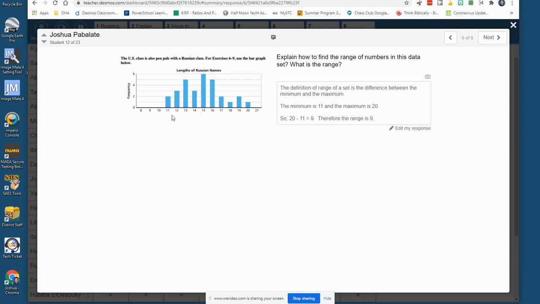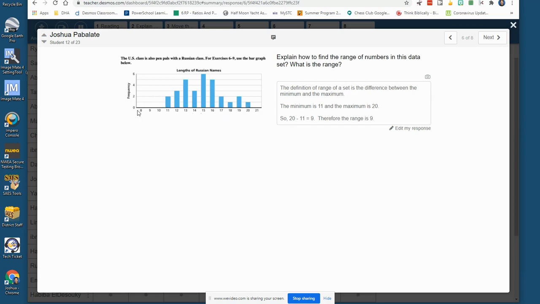So I just look here. I can see the highest bar, I can see where the lowest bar starts, and I just subtract the two. Where this can get confusing is on my number line, I see 21 and I see 8, which are higher and lower. Do I do 21 take away 8, or 20 take away 11?